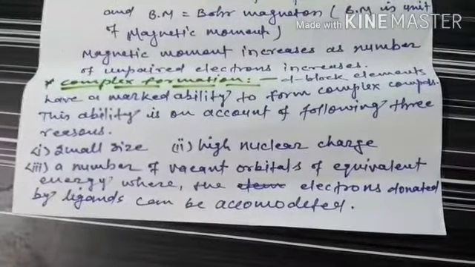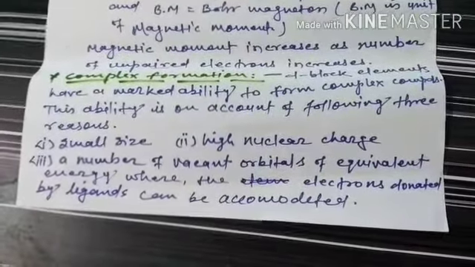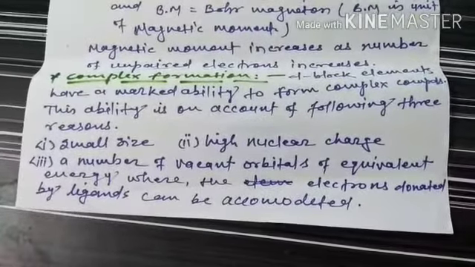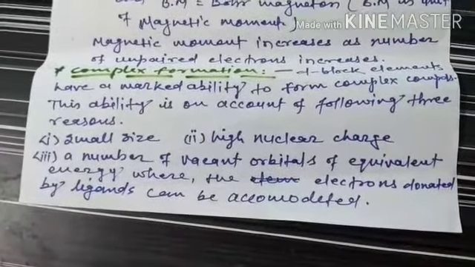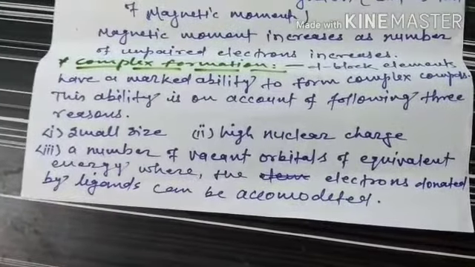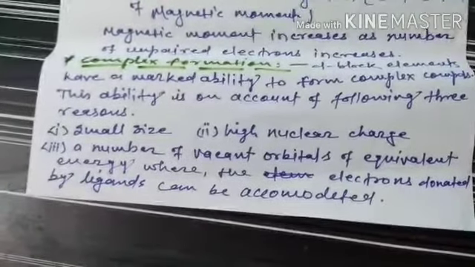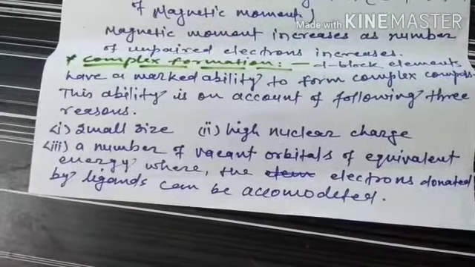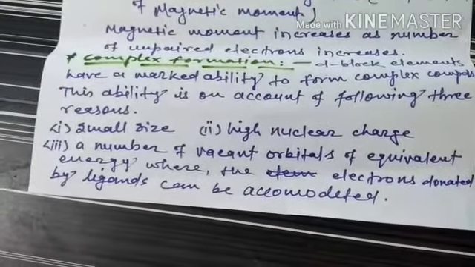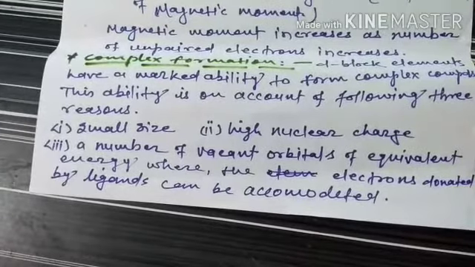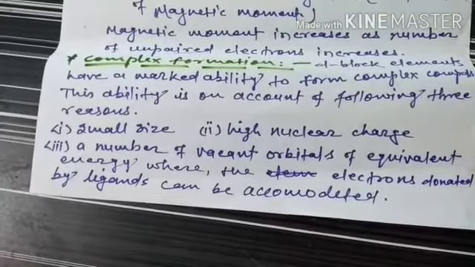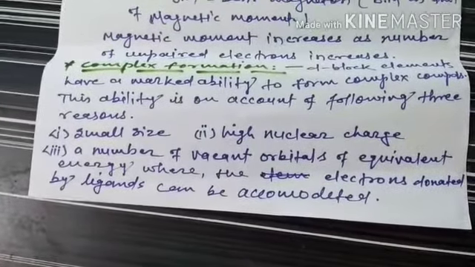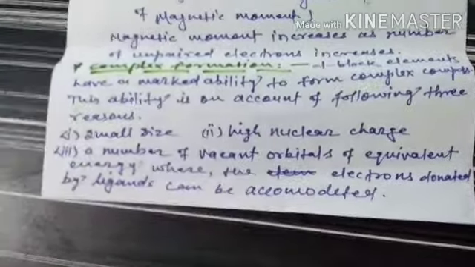First one is small size, having high nuclear charge, and a number of vacant orbitals of equivalent energy where the electrons donated by ligands can be accommodated. So these are the reasons for complex formation of d block elements.